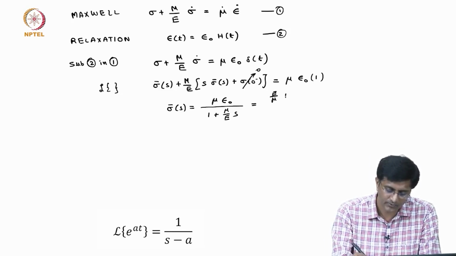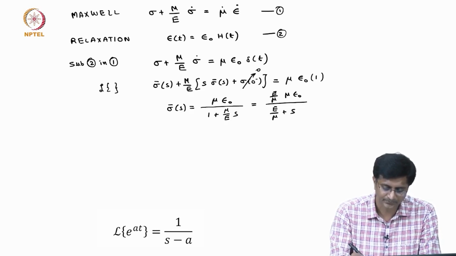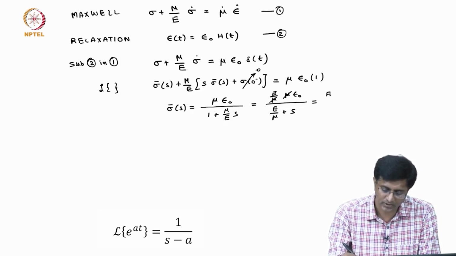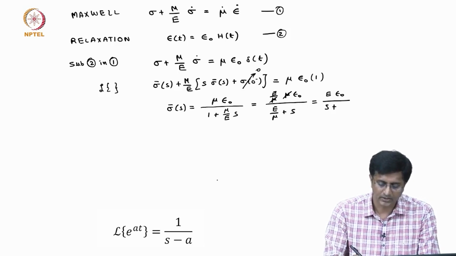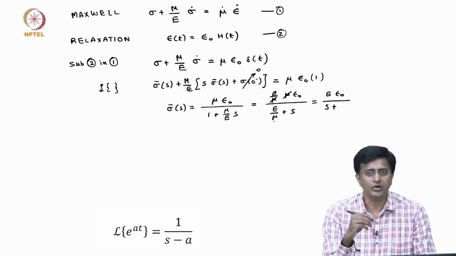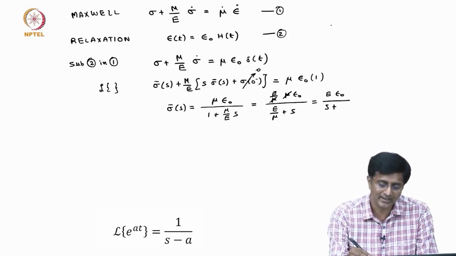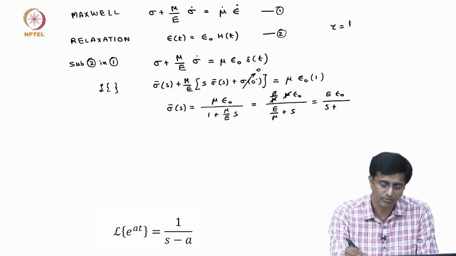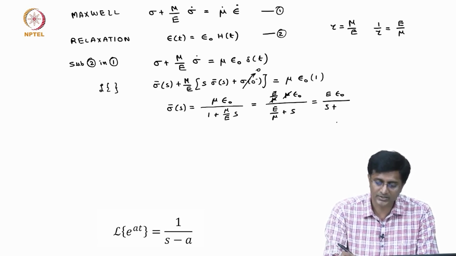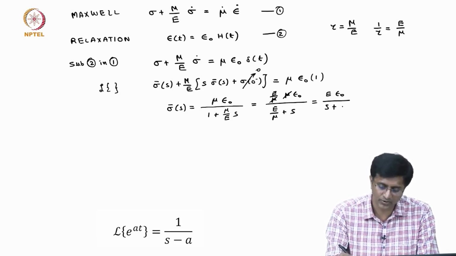So, E by mu times mu epsilon naught, and the denominator will be E by mu plus s. If we cancel those terms, it will be E epsilon naught by s plus E by mu. But if you recall, previously we defined the relaxation time tau as mu by E, and 1 by tau is of course E by mu. So, let us replace this E by mu with 1 by tau.